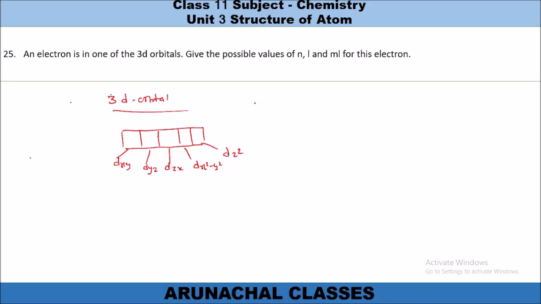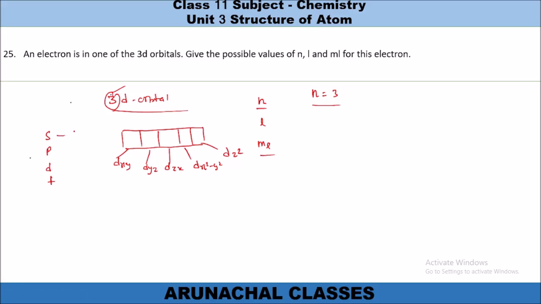Give the possible values of n, that is principal quantum number, L, azimuthal quantum number, and m sub L, that is magnetic quantum number. We can see here it is 3D orbital, which means n value is 3. The coefficient here indicates the principal quantum number. Then we have s orbital, p orbital, d orbital and f orbital.